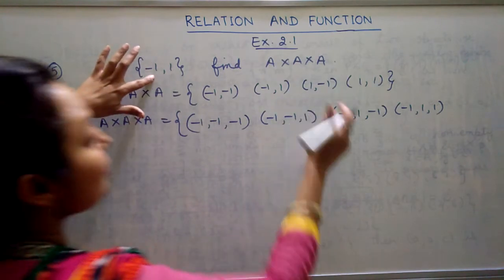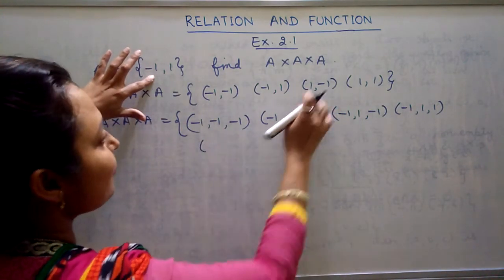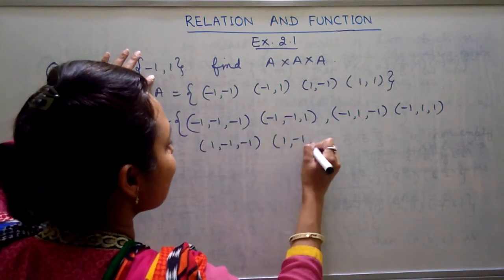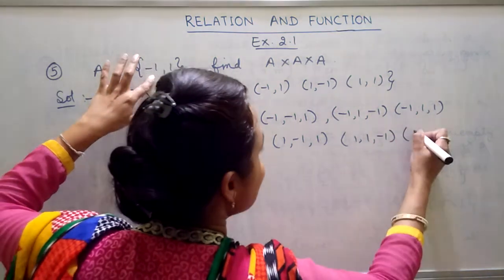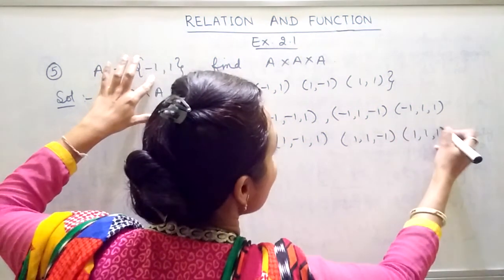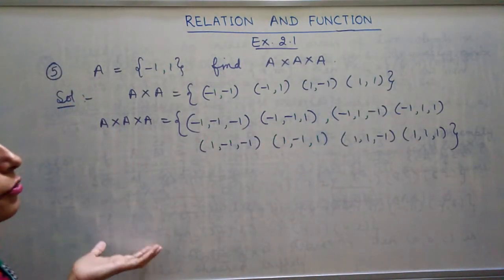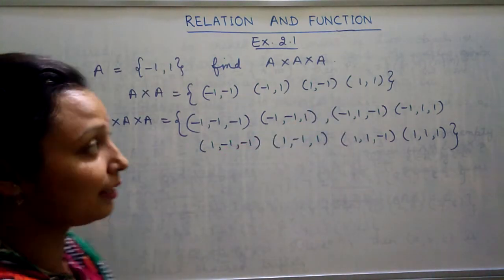Now come to the third: (1, -1, -1) and (1, -1, 1). Then the fourth: (1, 1, -1), then (1, 1, 1). So this is the way: 1, 2, 3, 4, 5, 6, 7, 8. There are 8 elements.